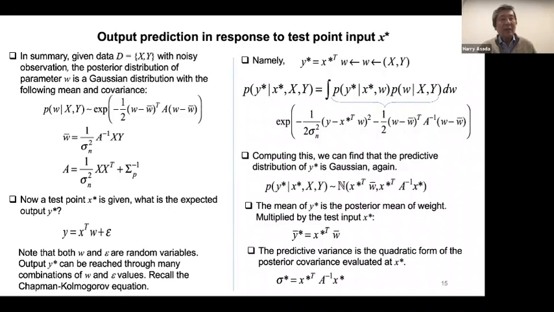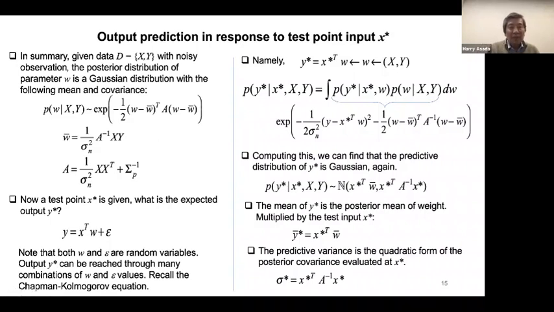So in summary, given some data X, Y with noisy observation, so noise is involved here, the posterior distribution of parameter W, where posterior means after you incorporate the training data, is also a Gaussian distribution with the following mean and covariance. This is the mean and this is the covariance as we obtained from the previous derivation.